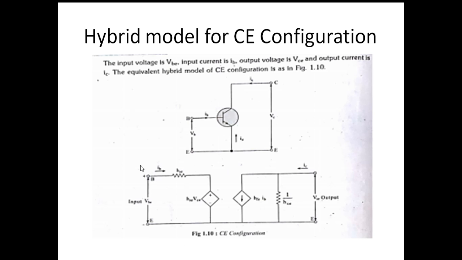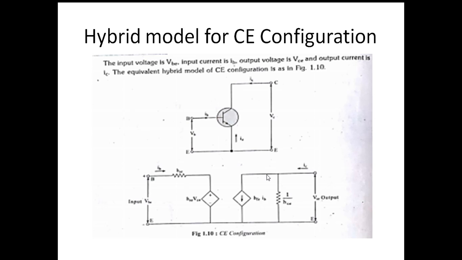So this is drawn by using the first equation, that is VBE is equal to HIE IB plus HRE VCE. Next, to complete the remaining hybrid model for CE configuration, we need to discuss the second equation, that is the current equation.